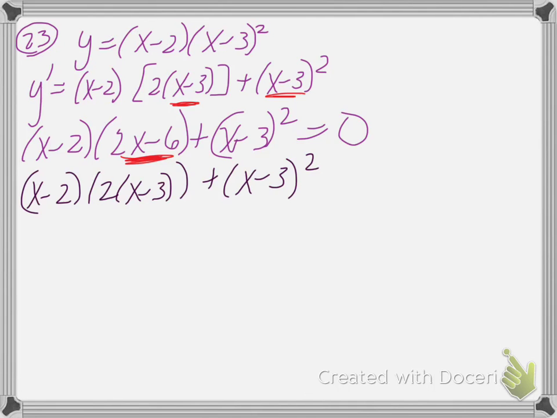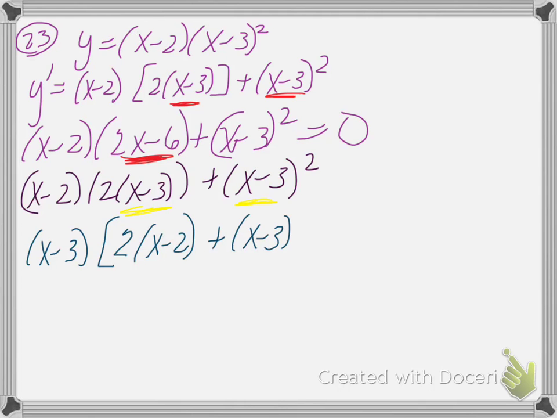Okay, and then hopefully you can see that both of these terms have an x minus 3 in them. So I'm going to factor out an x minus 3. And that's going to leave me with a 2 and an x minus 2, and an x minus 3.